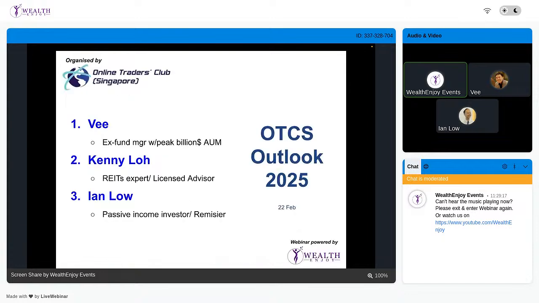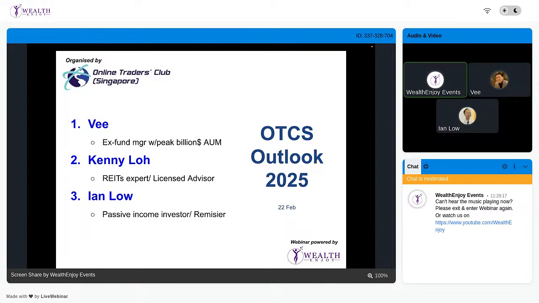And today, the agenda is OTCS Outlook 2025. It is my privilege and pleasure to invite three very special guests and also my dear friends to share with us their insights. What should we do in 2025 and under Trump 2.0? First we have V, who is an ex-fund manager with a peak billion US dollar AUM.